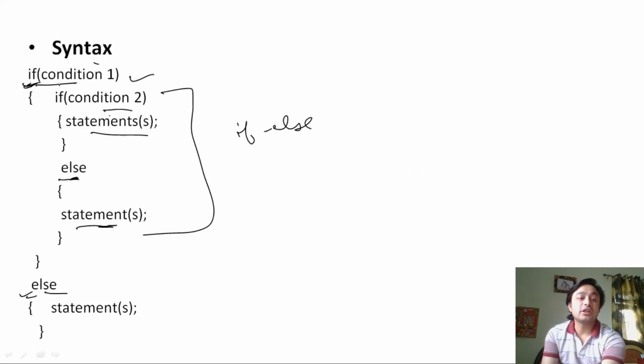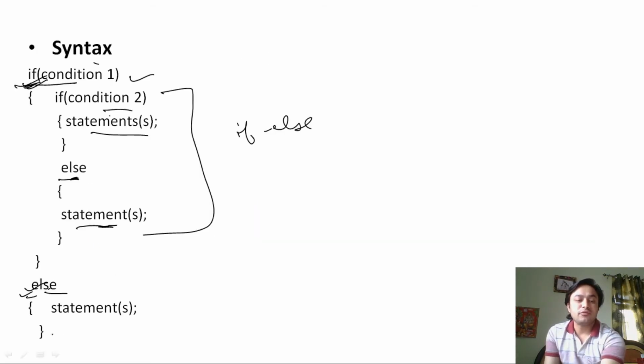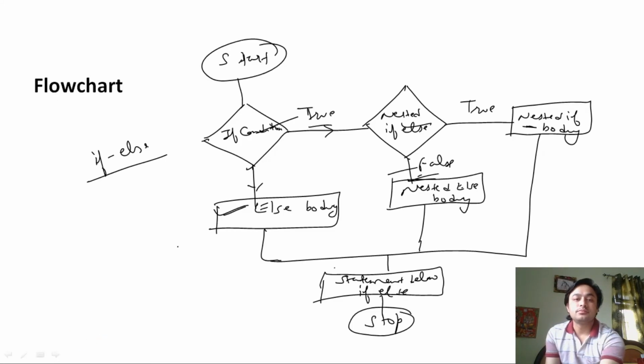And suppose if this condition is false, then this will be executed, that is this. After that, whatever you have written here, that will execute, that is this. So this is the flow of the program.